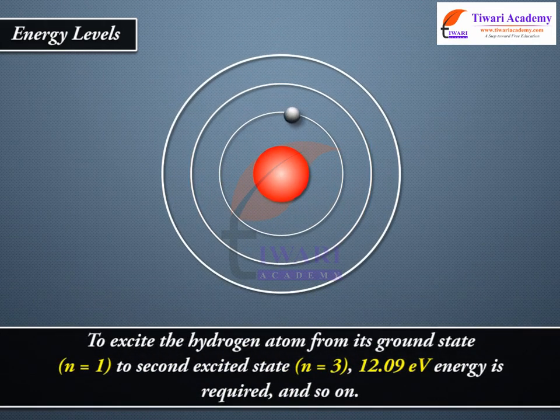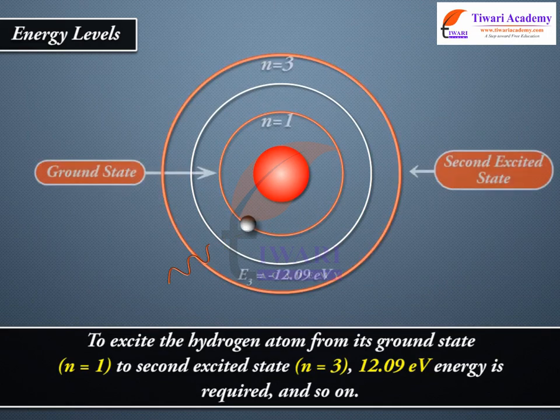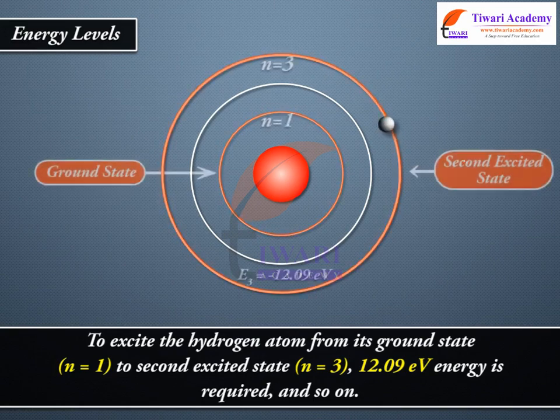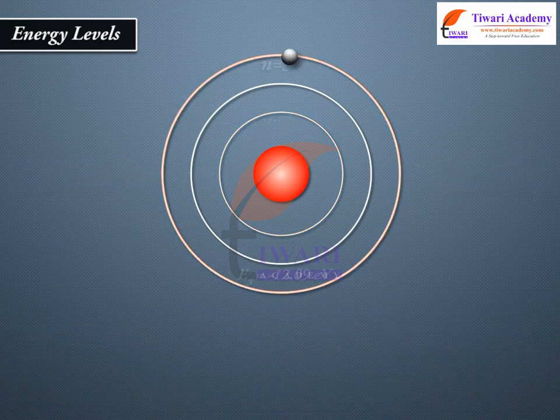Similarly, to excite the hydrogen atom from its ground state, n is equal to 1, to the second excited state, n is equal to 3, 12.09 eV energy is required, and so on. The farther the electron is from the nucleus, the more energy it has.